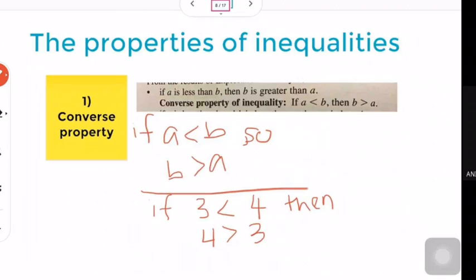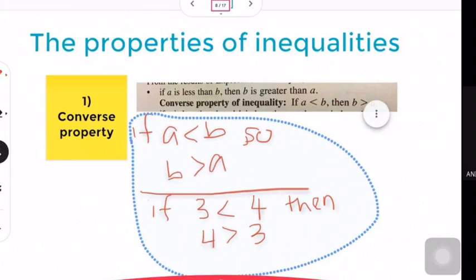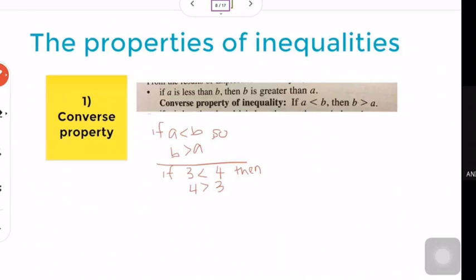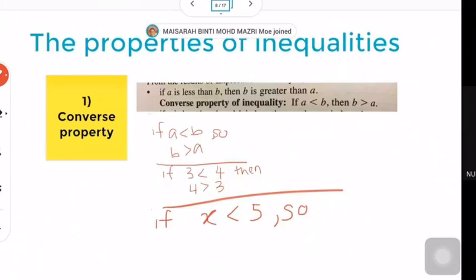Okay, if I use an unknown symbol, let's say if X is less than 5, conversekan dia. 5 is greater than X. So converse ni maksudnya macam tu je lah.